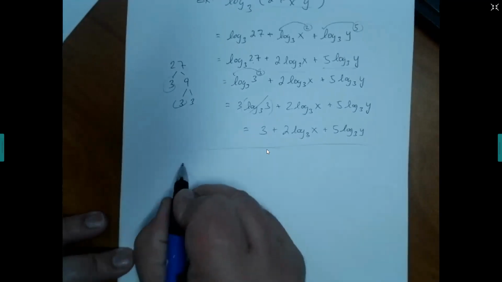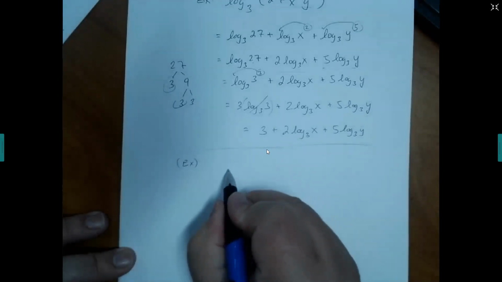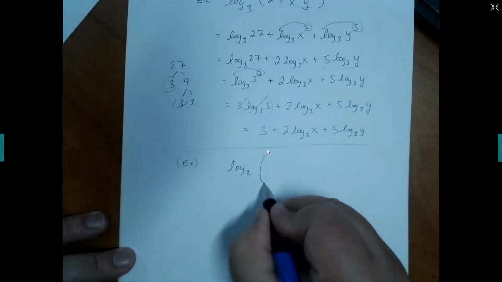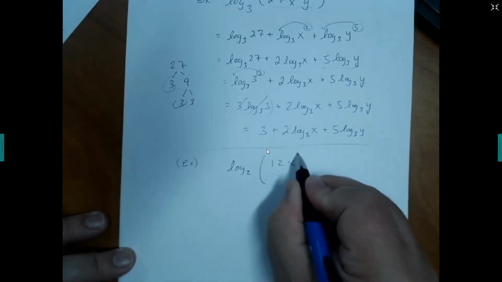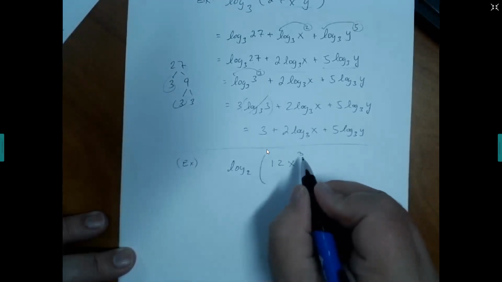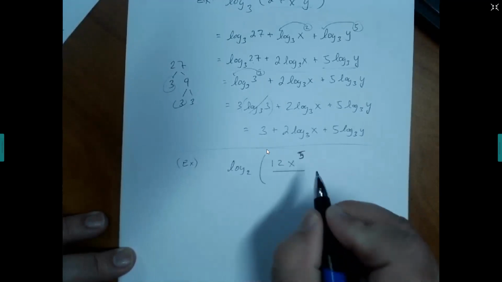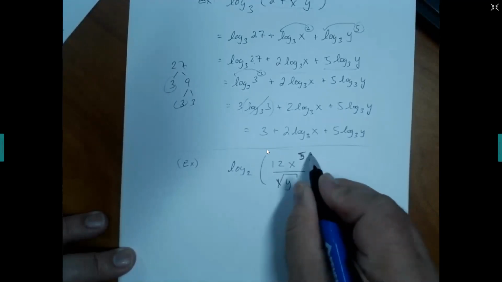Let's look at another example with a radical. Log base 2 of 12 x to the power, let's make it 5, make it bigger, over square root of y. Log base 2 of 12x to the 5th divided by square root of y.